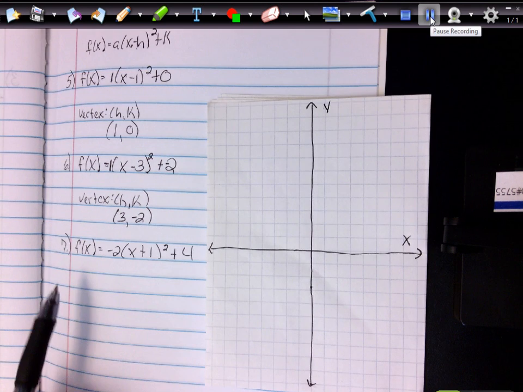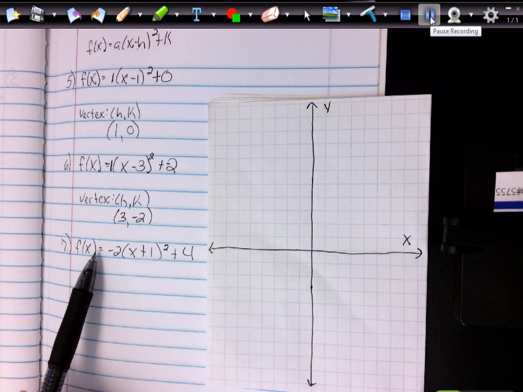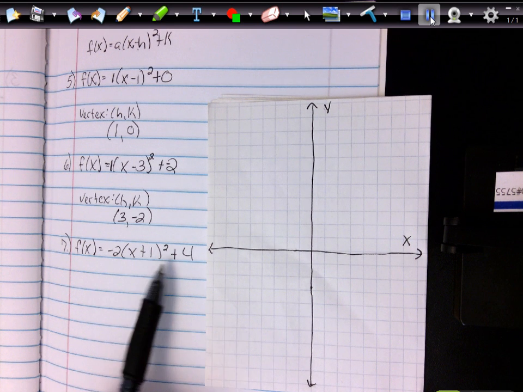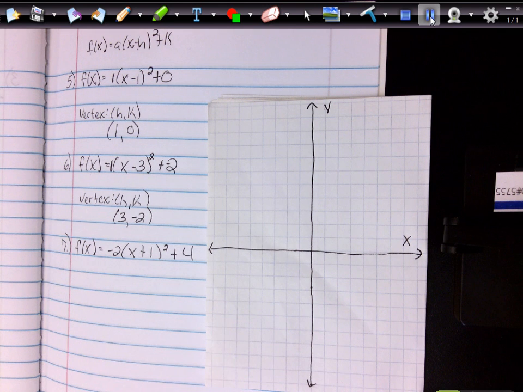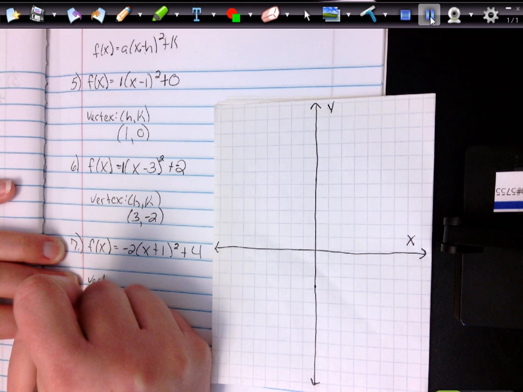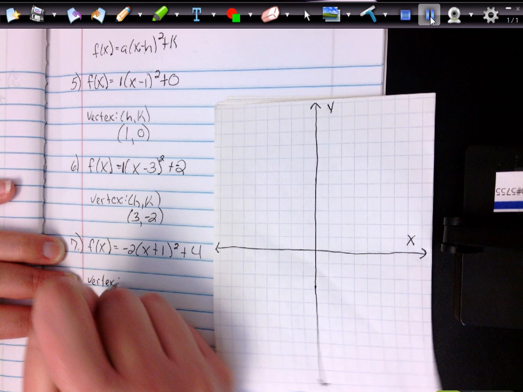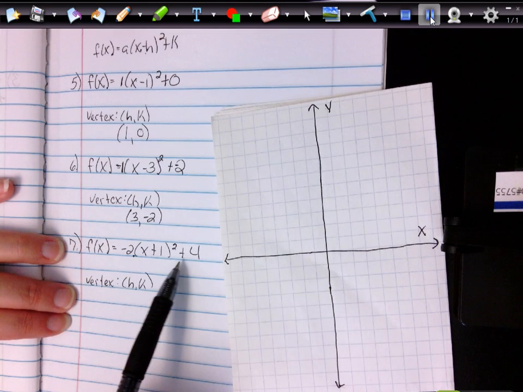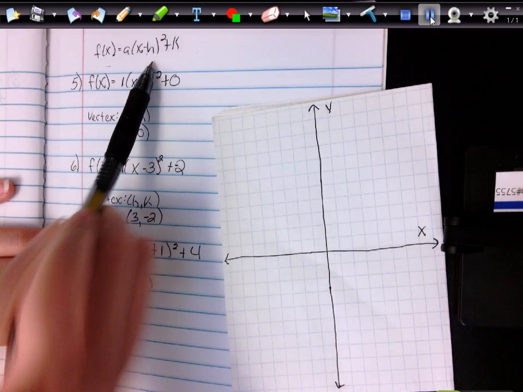Okay, go ahead and write down number 7. It's f of x equals negative 2, parentheses x plus 1 squared plus 4. Again, just like before, we're going to pick out our vertex, which is our h, k. I'm going to get this in the correct form first.